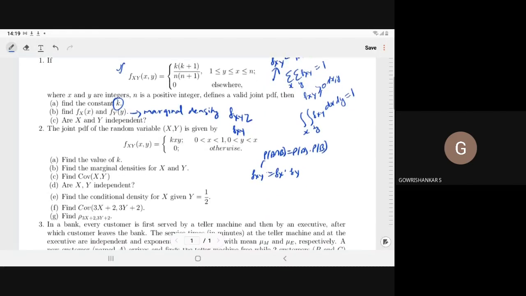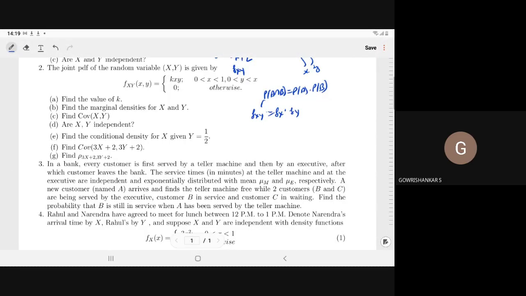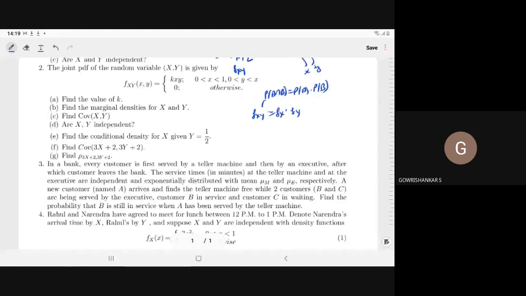The second question is dedicated to the continuous variable. The joint PDF of the random variable x, y is given by fxy is equal to k into xy for x from 0 to 1 and y from 0 to x, and 0 elsewhere.